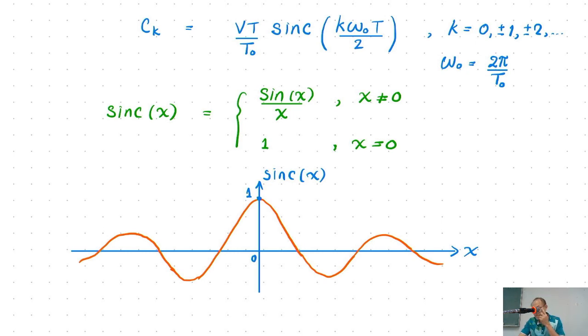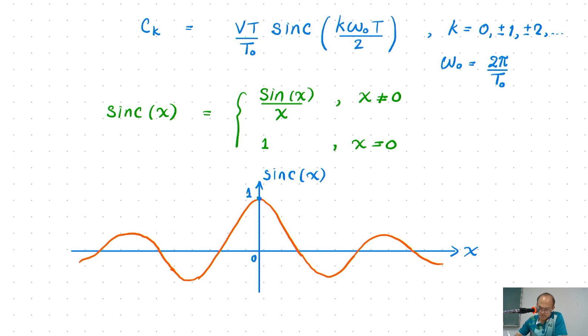The sinc of 0 is 1. This is reasonable because then the sinc will be continuous and behave very nicely: the limit approaching 0 from the left and the limit approaching 0 from the right will be equal, and that would be 1.